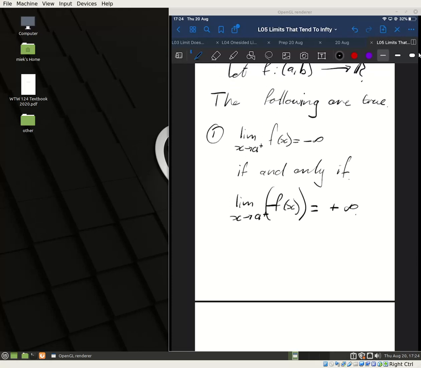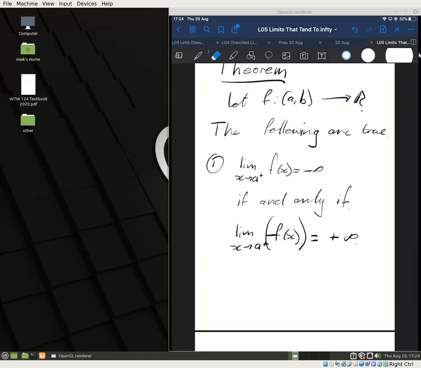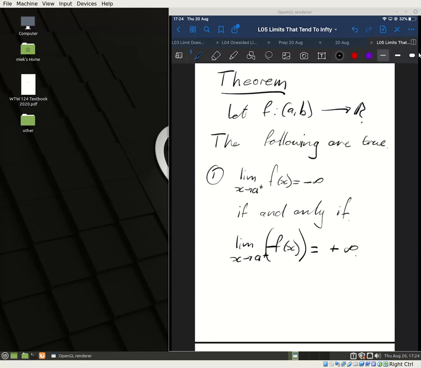So this says we are allowed to convert limits that tend to minus infinity to limits that tend to plus infinity. And how do we do that? We multiply the function by a minus.